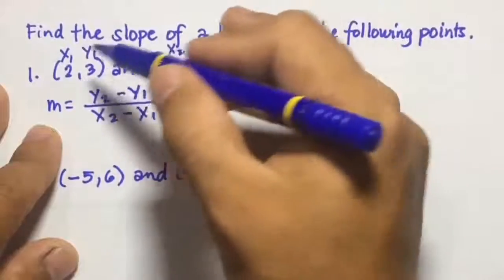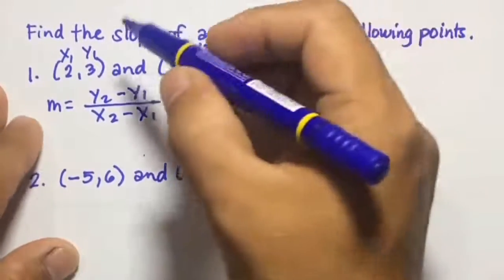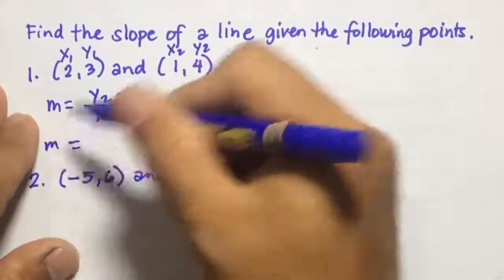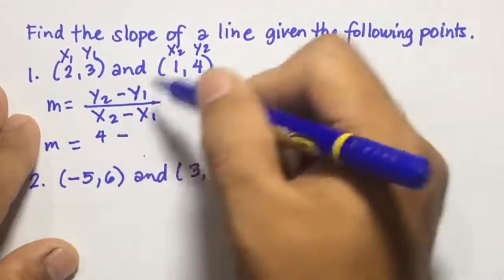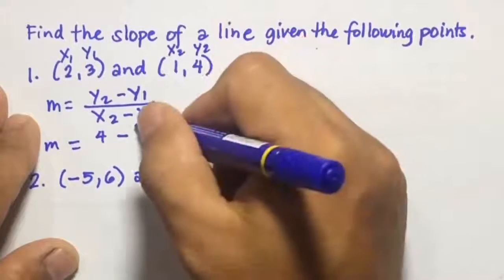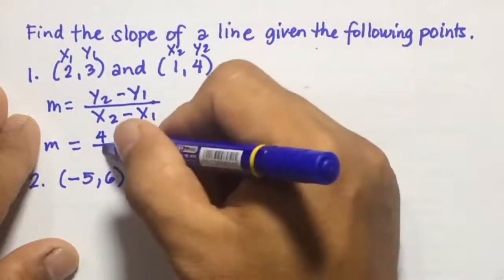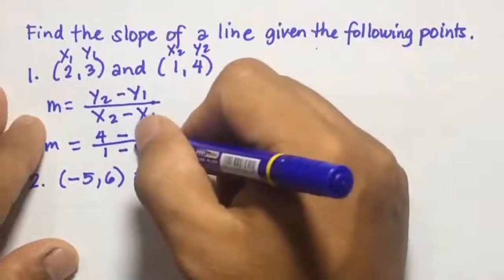And after assigning the values of x sub 1, y sub 1, x sub 2, y sub 2, we are going to substitute this to the formula. So we're going to have here m equals y sub 2 here is 4, then minus y sub 1, which is 3, divided by x sub 2, 1, minus x sub 1, 2.